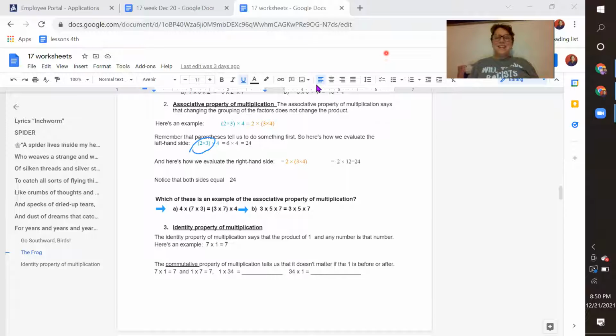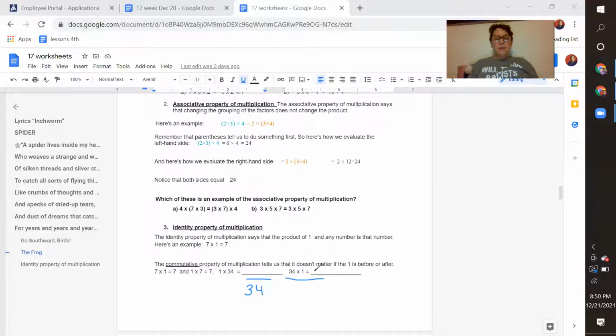All right, next one. Identity property of multiplication. I really hope you know this from previous years, right? 7 times 1 is 7. It tells us it doesn't matter if the 1 is before or after. 7 times 1 is 7. 1 times 7 is 7. So here's where you have to write 1 times 34 equals 34.